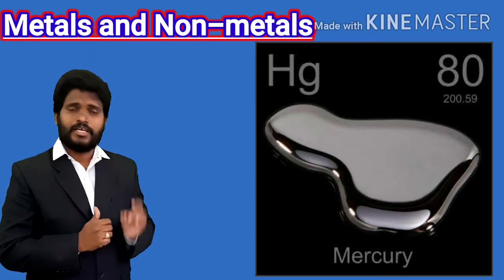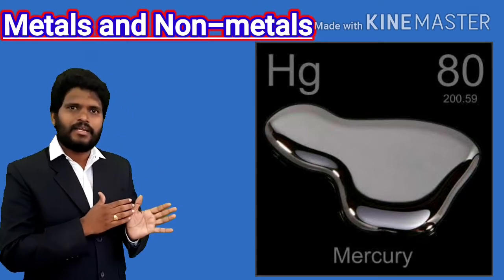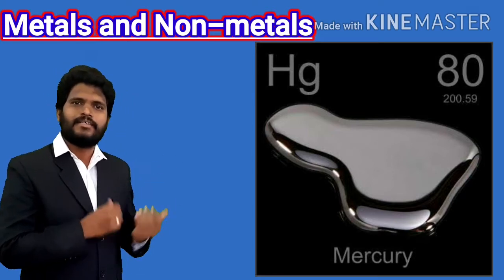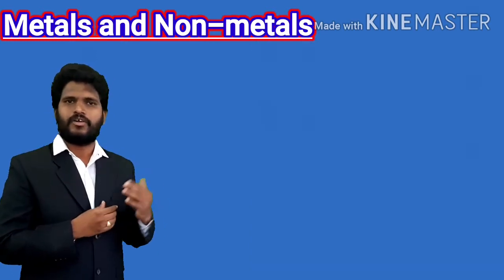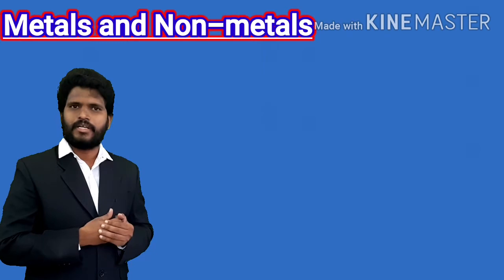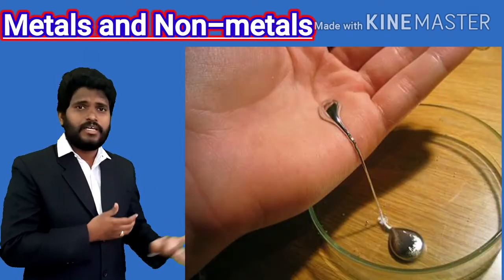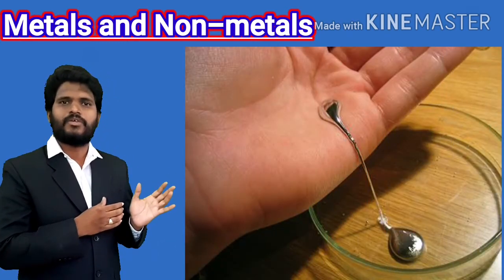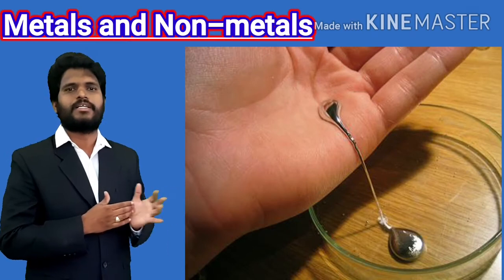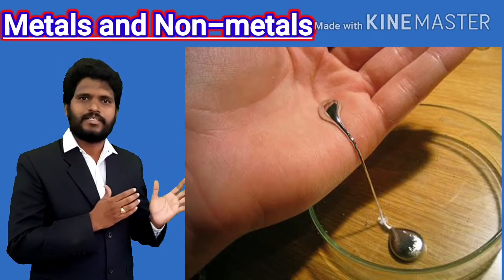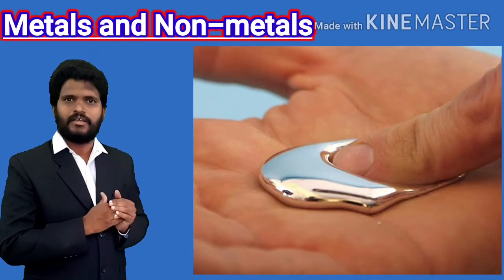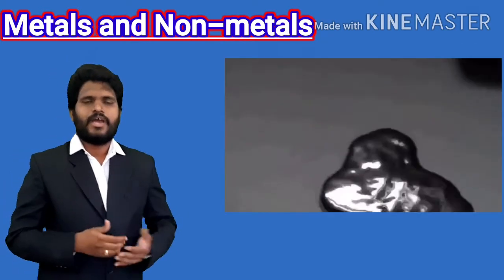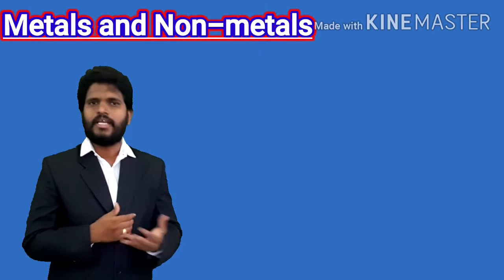So coming to here, mercury is a metal, but it does not exist in solid state at room temperature. In which state does it exist? Mercury exists in liquid state at room temperature. Right, sir? So where do we observe mercury in our daily life?